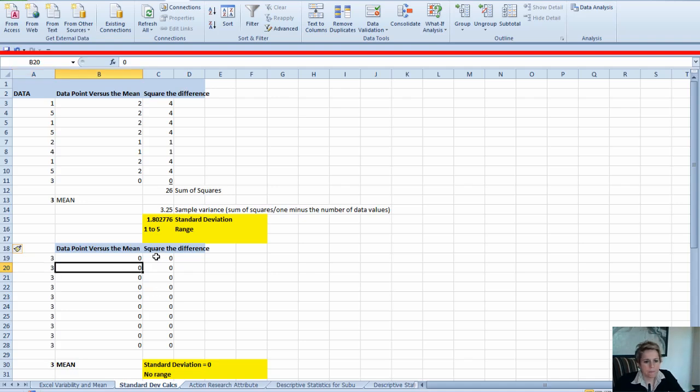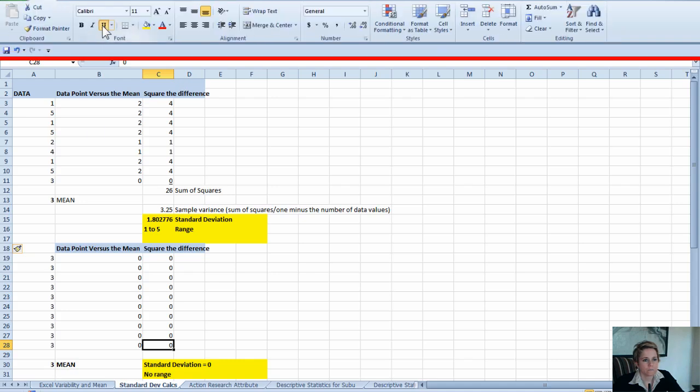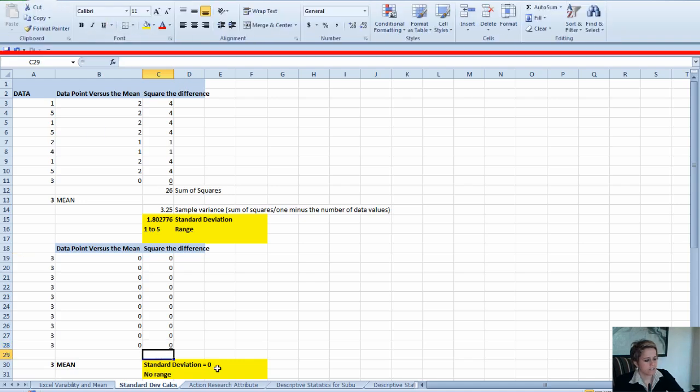And again, this is how you're calculating standard deviation. So what you would do is you square the difference. So multiply it times itself. In this case, 0 times 0 is 0. And then you would add these up to get 0. That would be, in this case, the sum of squares.